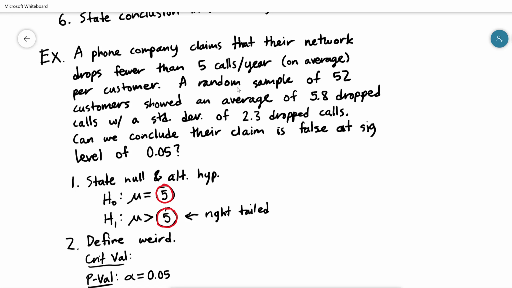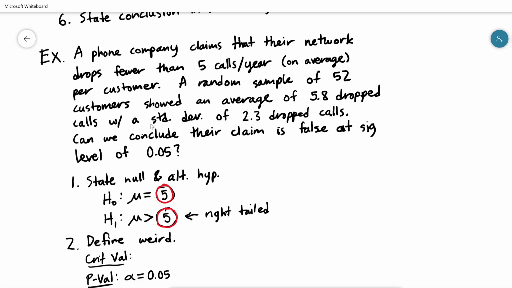It says that a random sample of 52 customers showed an average of 5.8 dropped calls with a standard deviation of 2.3 dropped calls. In that sentence, it means that this 2.3 dropped calls, this standard deviation, refers only to this sample of 52 customers. It's not 2.3 dropped calls from all the phone company's customers, it's 2.3 for the standard deviation just of these 52 customers.